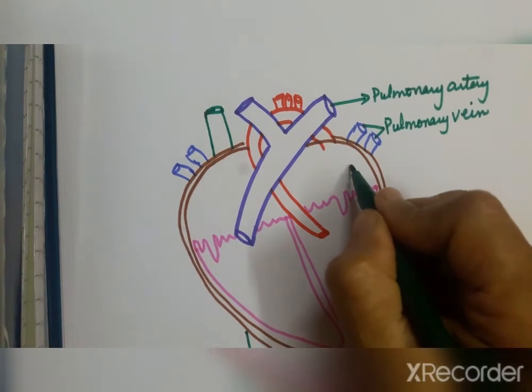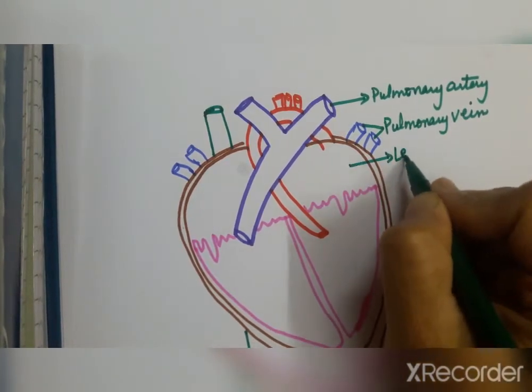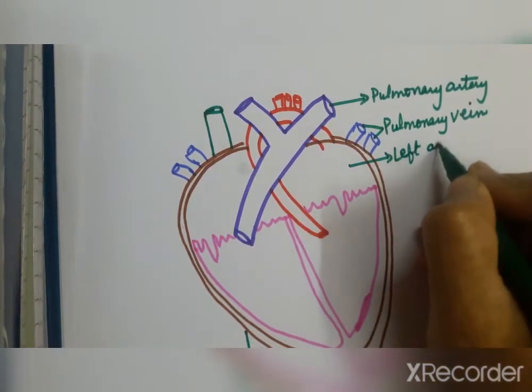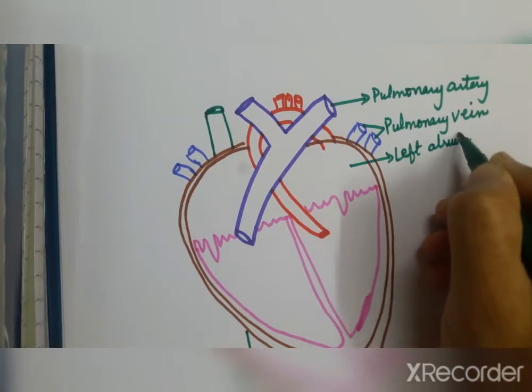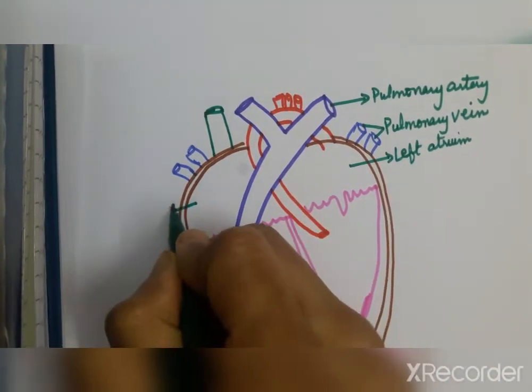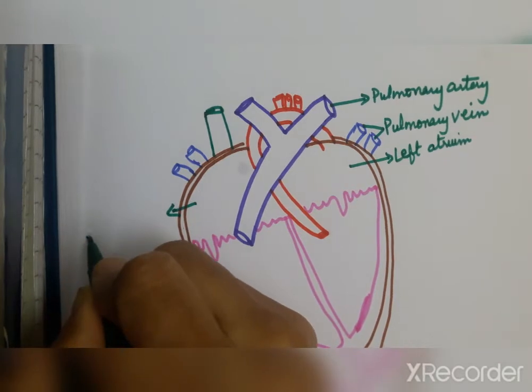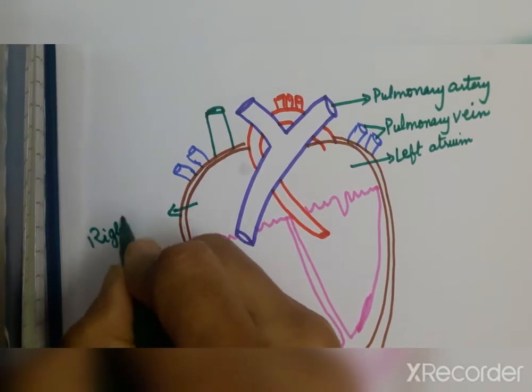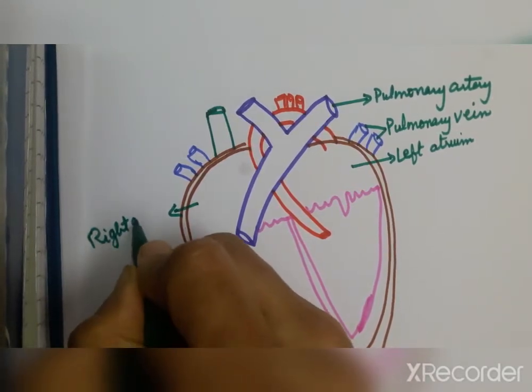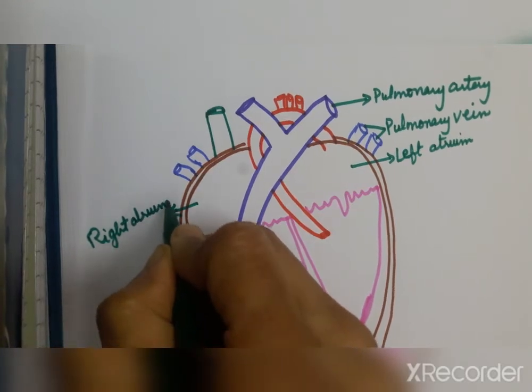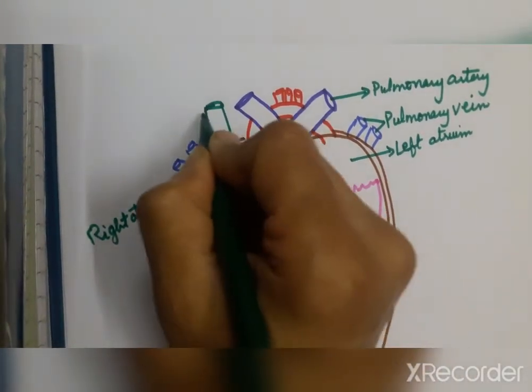Now this is called as the left atrium. So this will be your right atrium. Of course these are pulmonary vein.